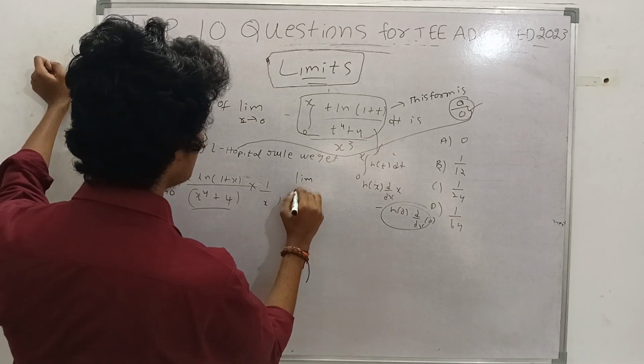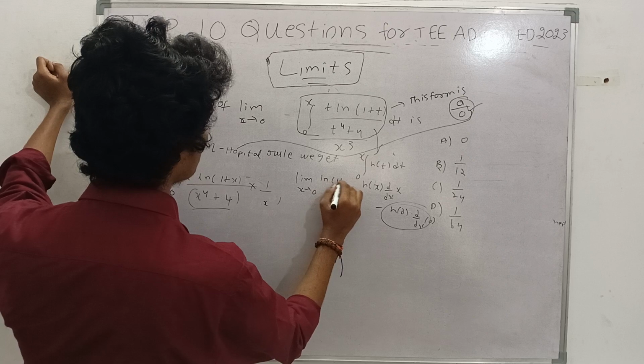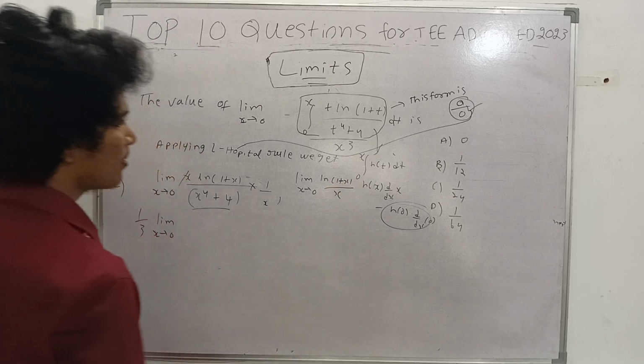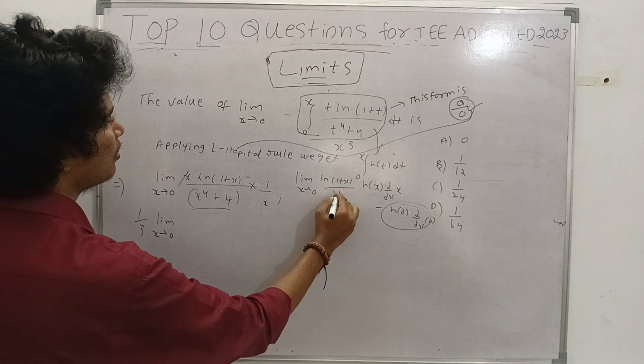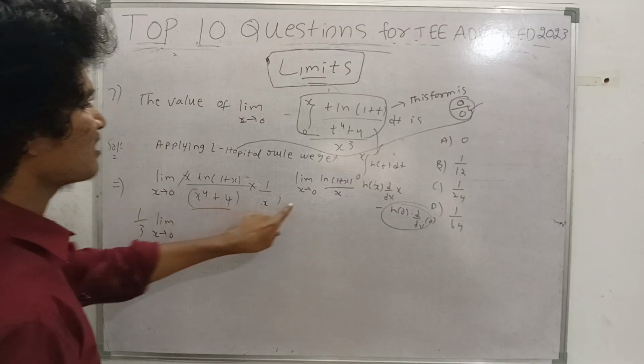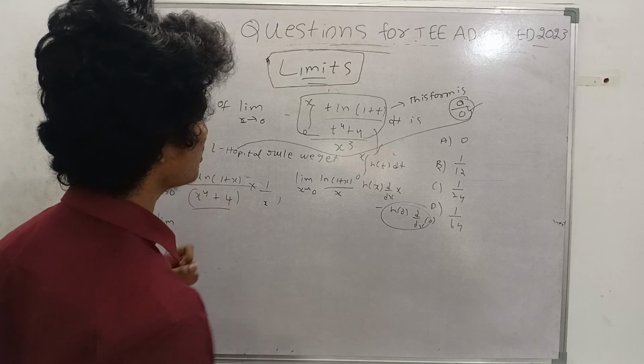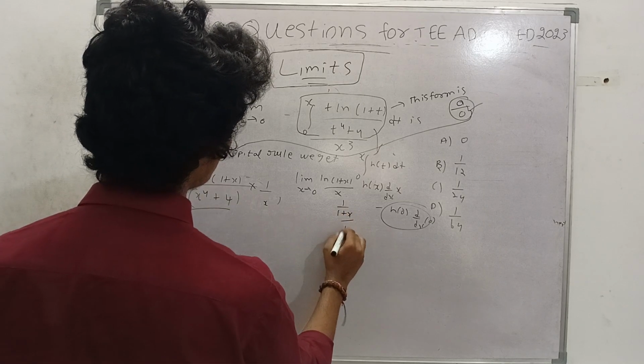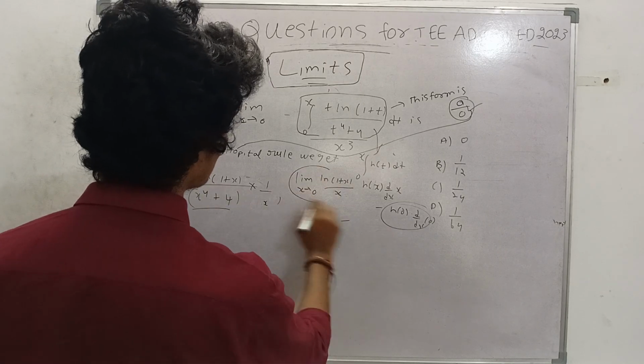What is limit x tending to 0 of ln of 1 plus x divided by x? When x is tending to 0, it is 0 divided by 0. So 1 by 1 plus x divided by 1, so it will be 1. So this complete answer is 1.